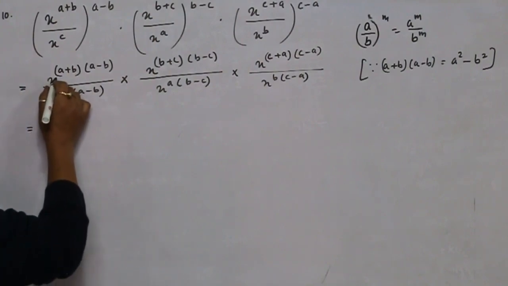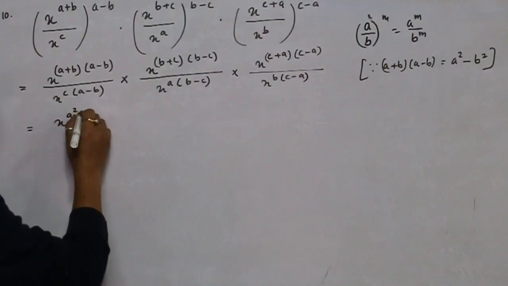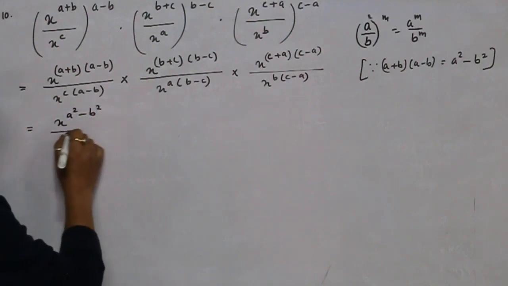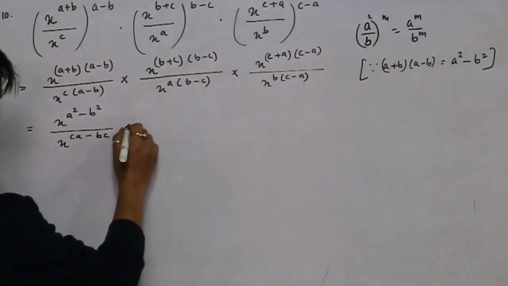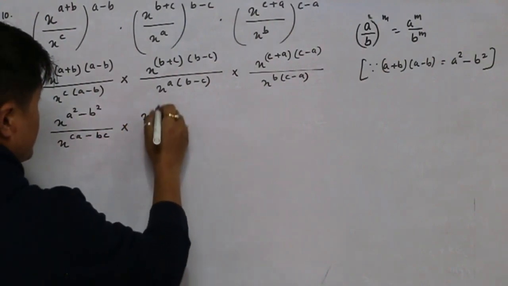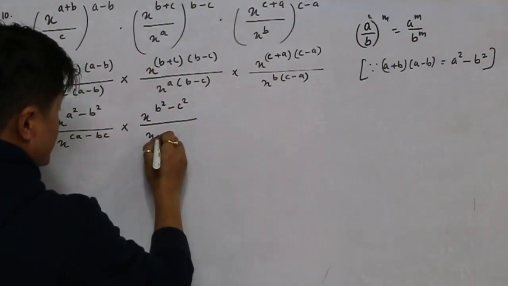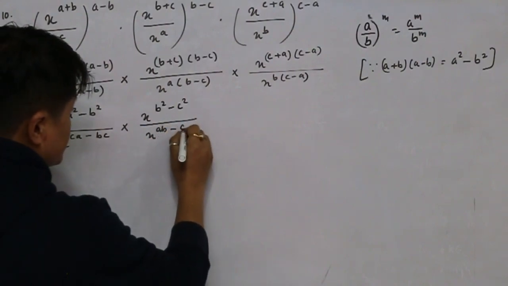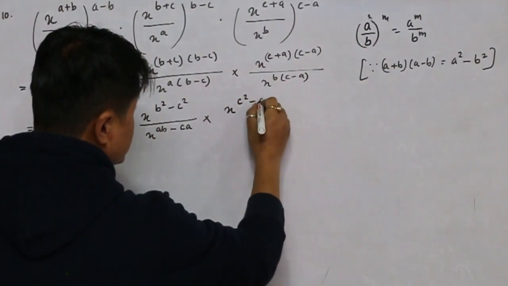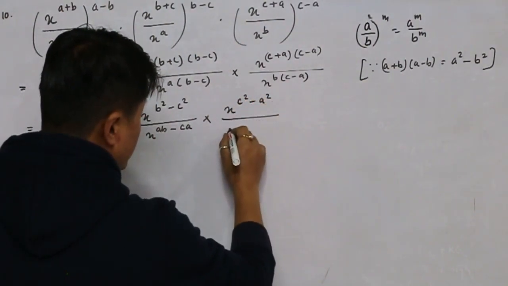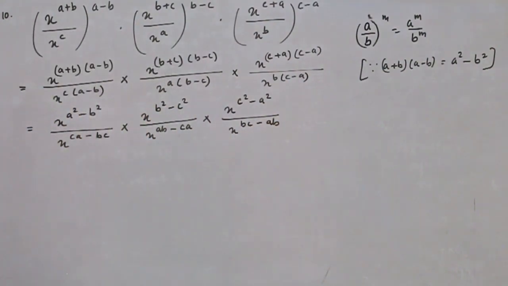Here x to the power a plus b into a minus b can be written as x to the power a square minus b square using the formula, whole divided by x to the power ca minus bc into x to the power b square minus c square whole divided by x to the power ab minus ca into x to the power c square minus a square whole divided by x to the power bc minus ab. Clear?